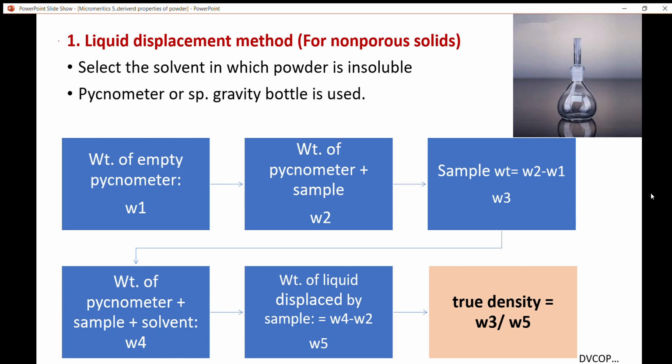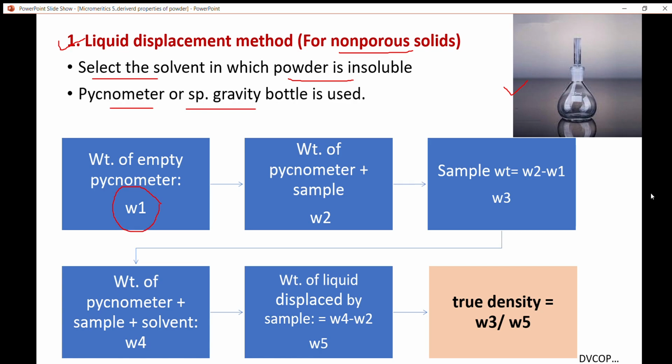Let's discuss the liquid displacement method for non-porous solids. First, select a solvent in which the powder is insoluble. Then take the pycnometer or specific gravity bottle. In this image, you can see the specific gravity bottle. Then note down the weight of the empty bottle, that is W1.